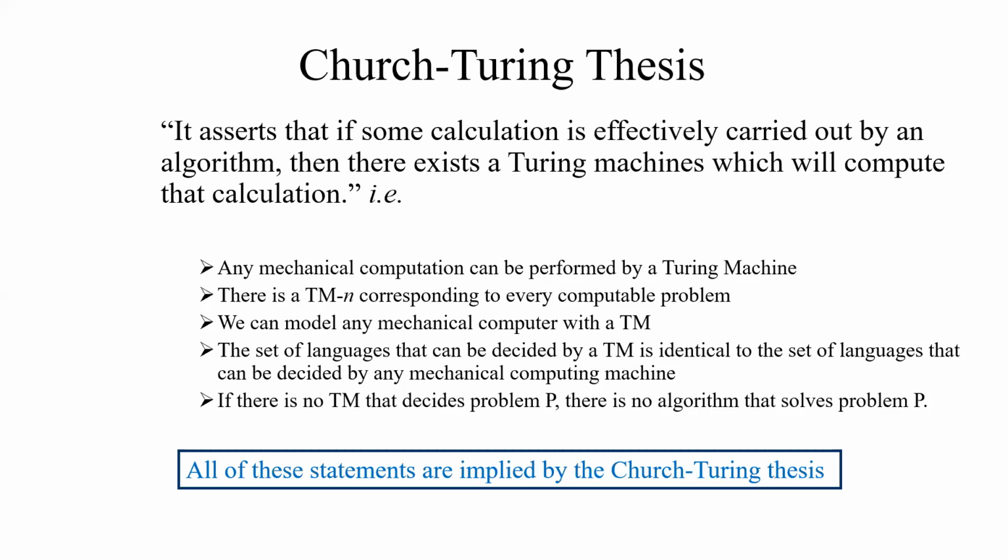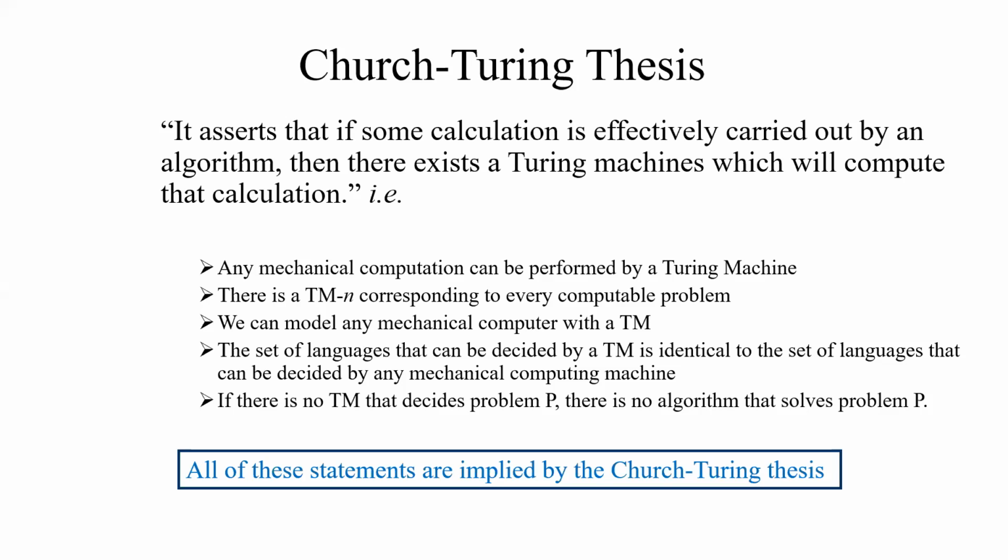The set of languages that can be decided by a Turing machine is identical to the set of languages that can be decided by any mechanical computing machine. If there is no Turing machine that decides problem P, then there is no algorithm that solves problem P. This is for sure. That means for every computationally solvable problem, there exists a Turing machine.